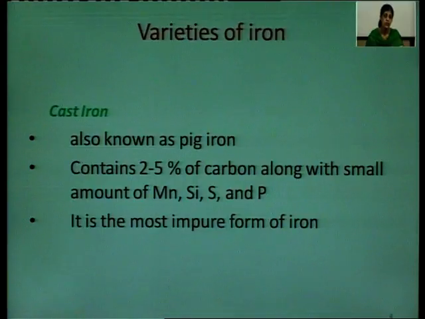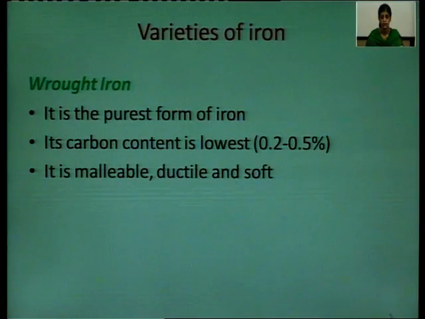So, just remember cast iron, it is also known as pig iron. The percentage of carbon is more in it and it is the most impure form of iron. The next type of iron is wrought iron. Wrought iron is the purest form of iron, purest in the sense that in this iron the carbon content is lowest.